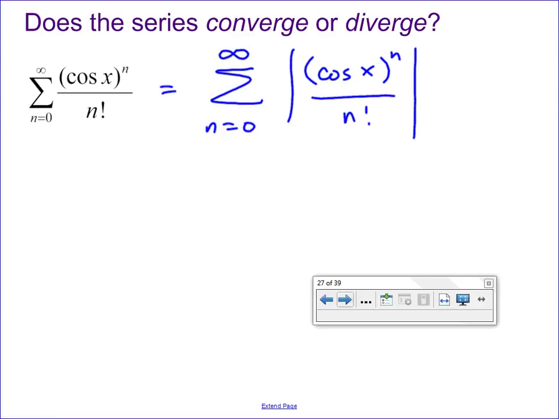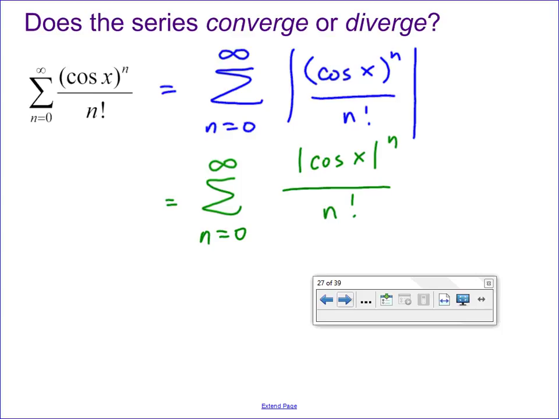And if the series with the absolute value of the terms converges, then the original one converges as well. And so let's go ahead and investigate this. Notice how the n factorial is just a constant, and the n is just a constant, and they're positive integers for our series index. So the absolute value only needs to apply on the cosine x term, because n is always positive. Or I should say non-negative.